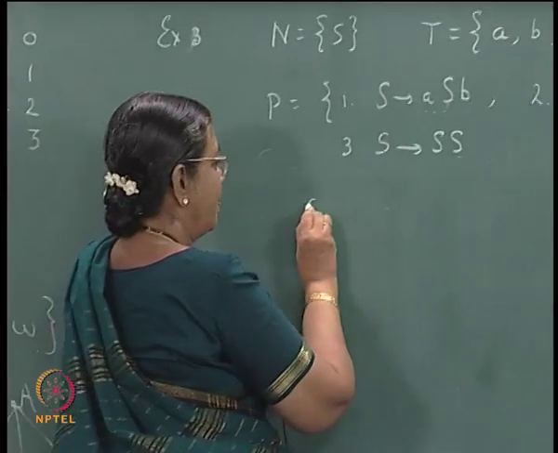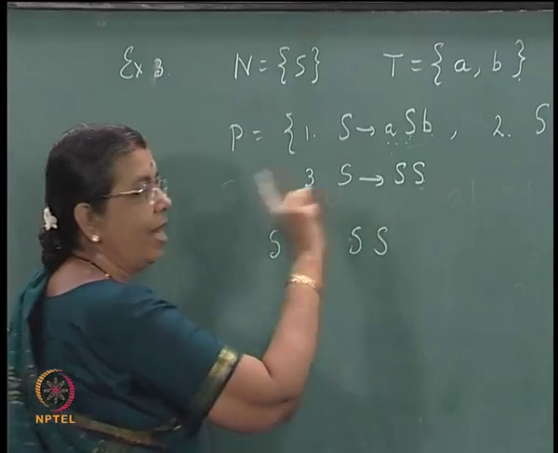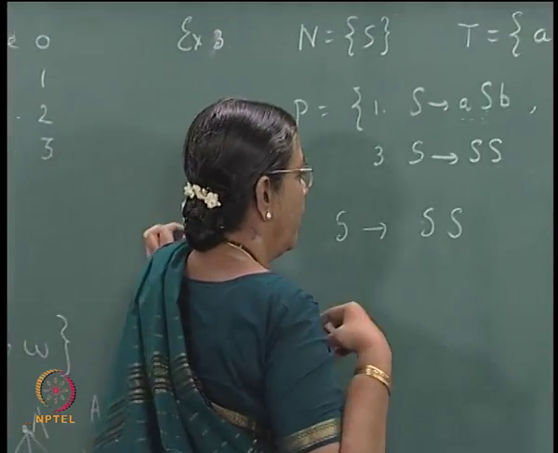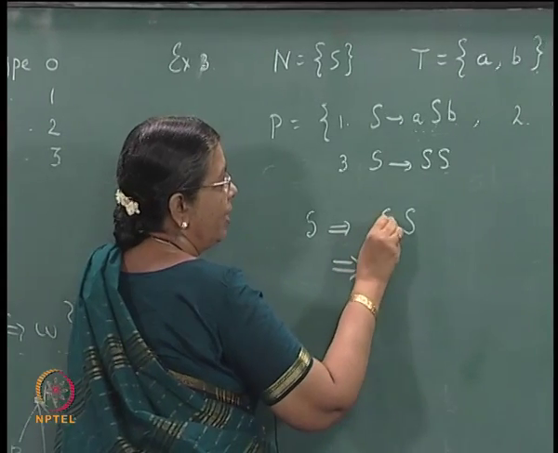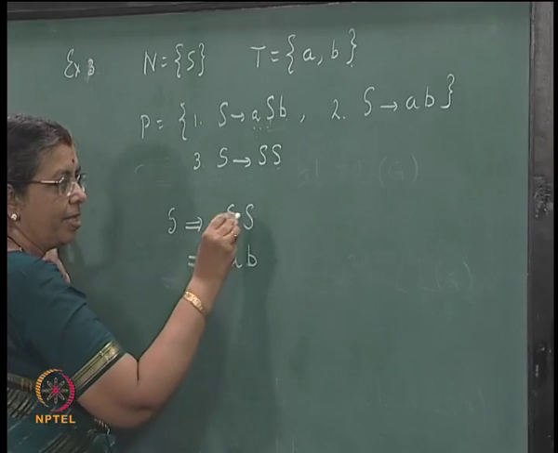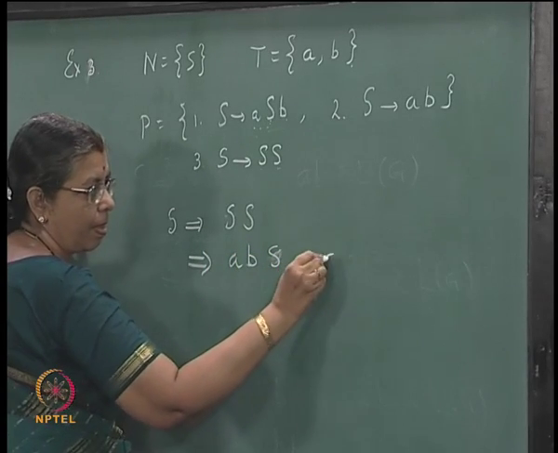Now, let us derive some strings and see. S goes to SS, because all A power n, B power n can be derived by the first two rules alone. S goes to SS, then from the first S you derive AB, from the second S also you derive AB.